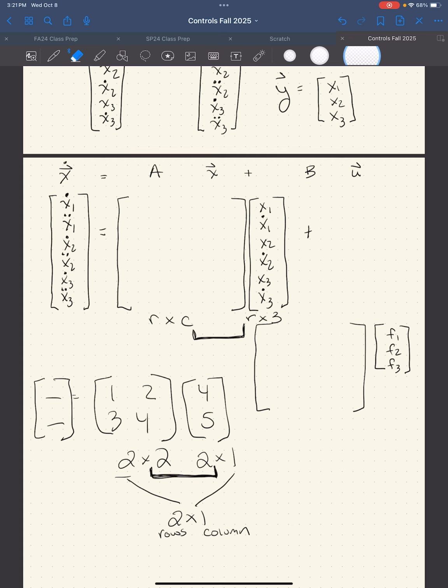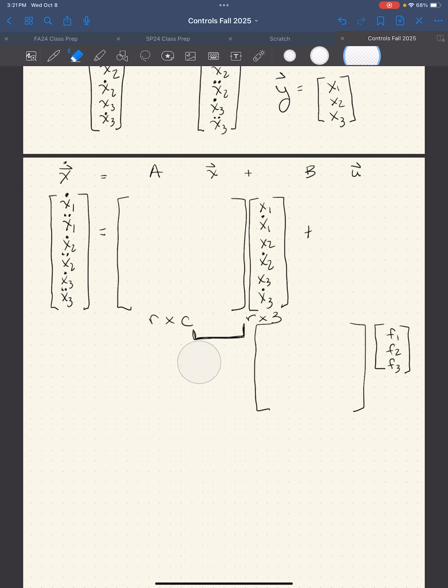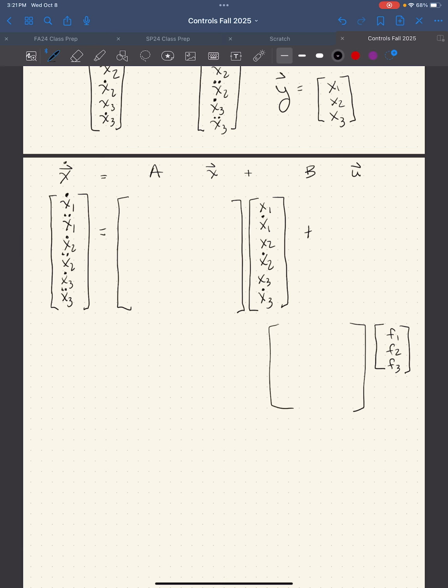Okay, so let's see what that means for our problem. So for our problem, we know that the x vector is 6 rows by 1 column. So for A to be multiplied by it, we know that the number of columns has to be equal to 6. But we don't know the number of rows.